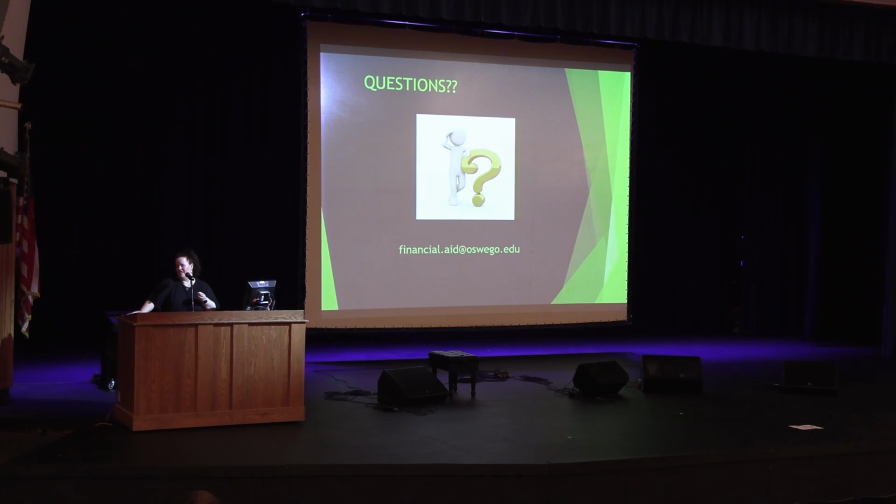I read that it's like the Excelsior, 50% of the class in a STEM field, maybe the top 10%. Yes, the question is about the STEM scholarship. It's in the same place.